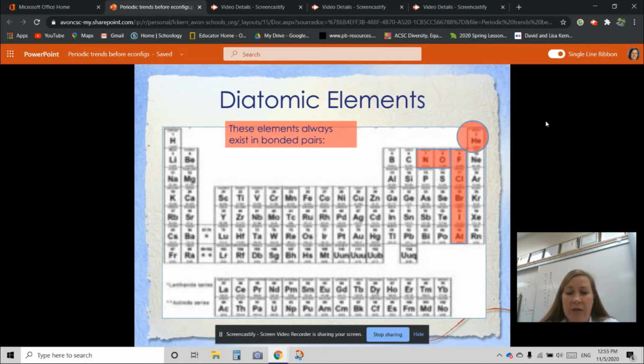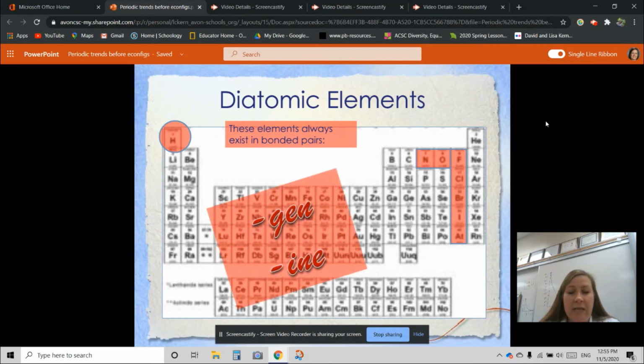Remember, those are the halogens. And then hydrogen, being weird, over there as well. So if you look at these, it happens to be all the ones that end in -gen: hydrogen, oxygen, nitrogen, and then the halogens all end in -ine. So the gens and the ines are your diatomic elements.